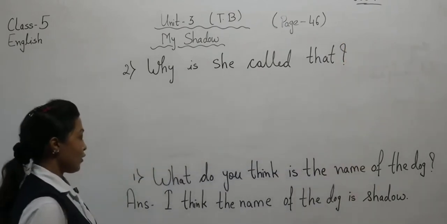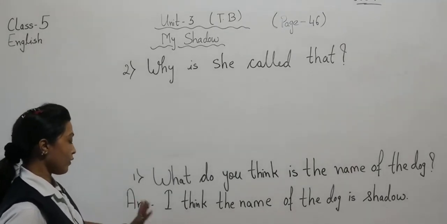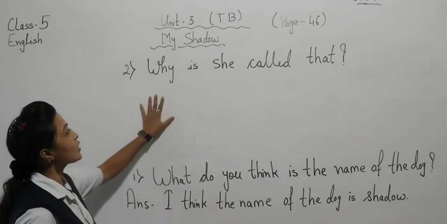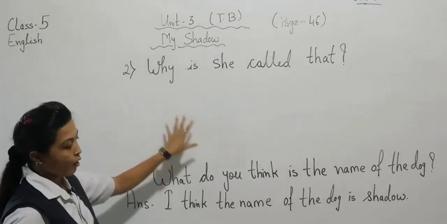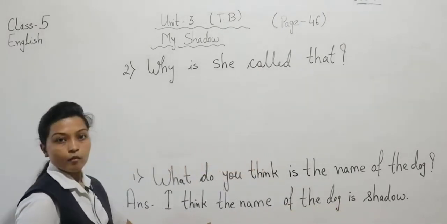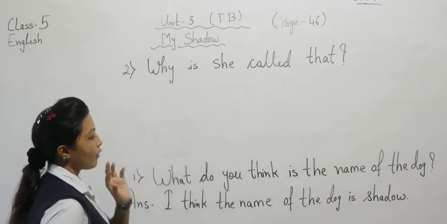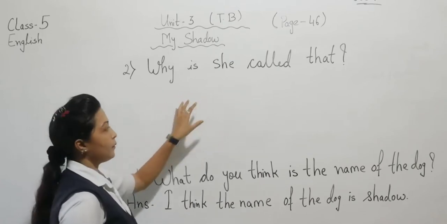Now, first question is what do you think is the name of the dog? So, we gave the name, I think the name of the dog is Shadow. Now, the second one is why she is called that? We have to give some reason for this answer as we have written in the first. See, why she is called Shadow. If I have given the name Shadow, then I have to give a reason for that.